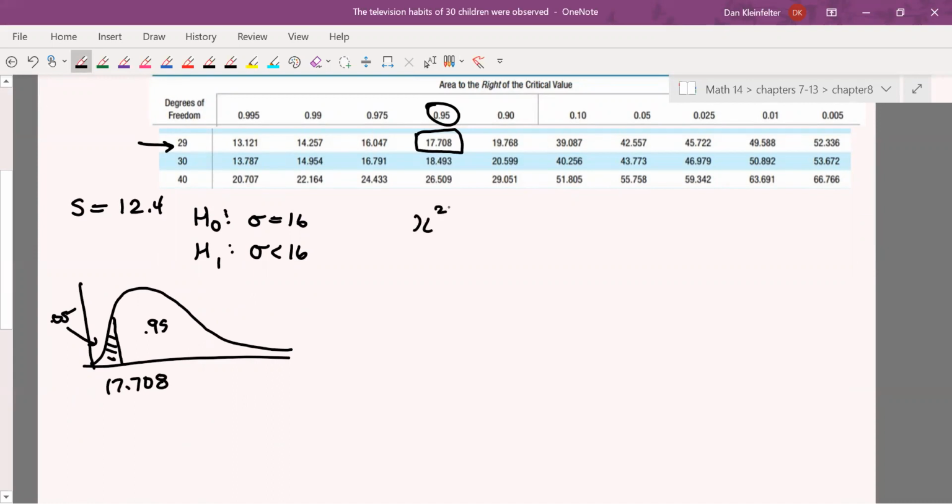Okay, then chi-squared statistic. So then n minus 1 is 29. Our S was 12.4. Hypothesized sigma was 16. Let's see what we get.